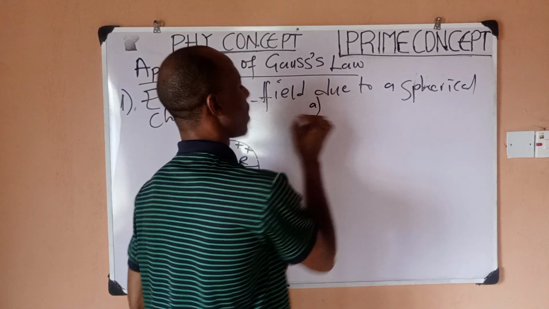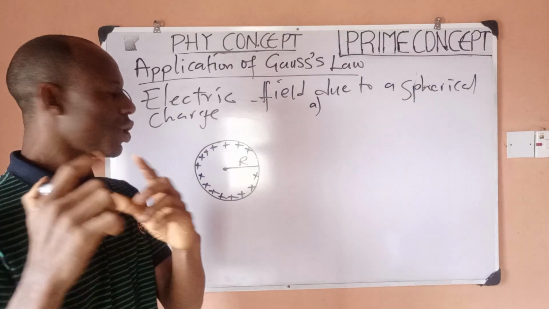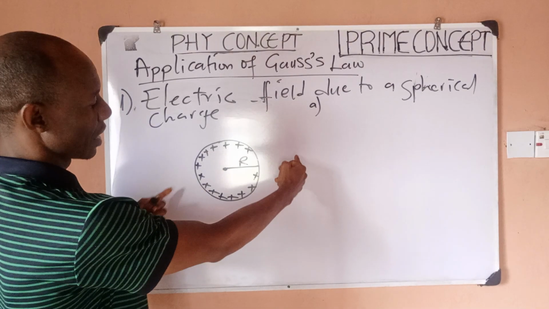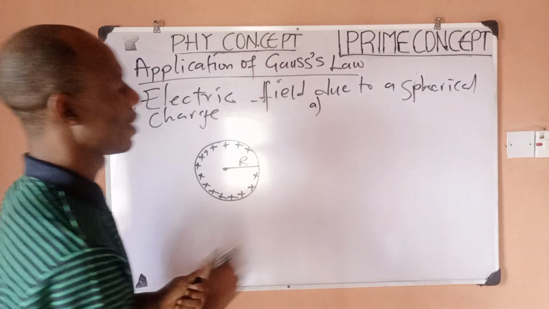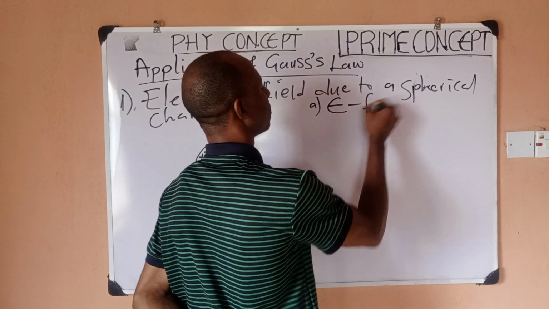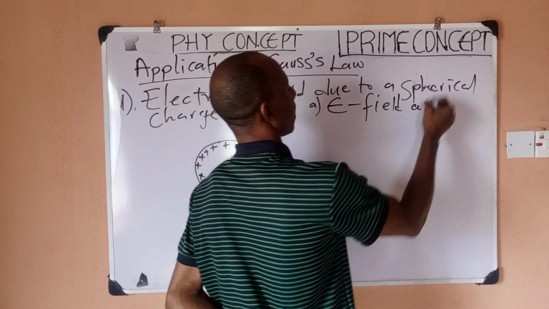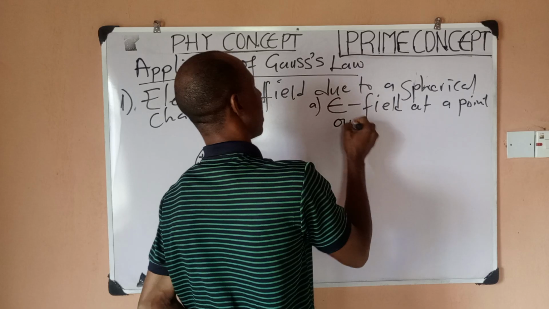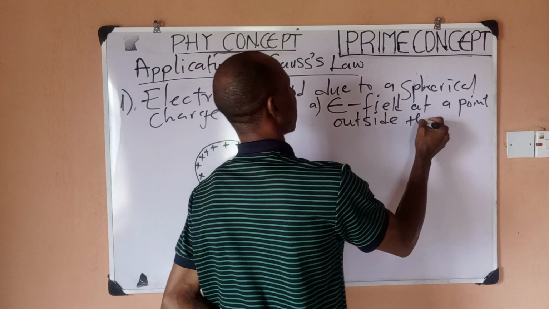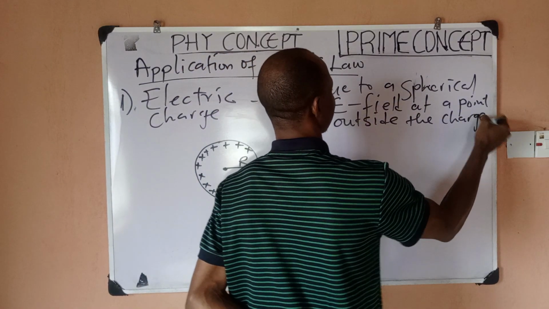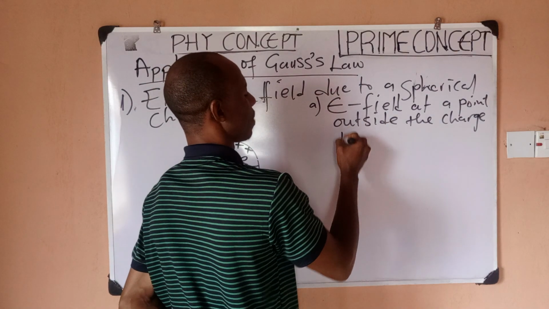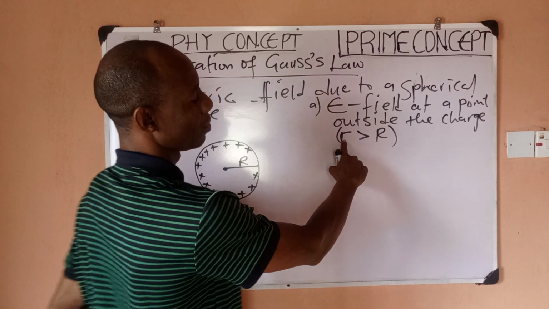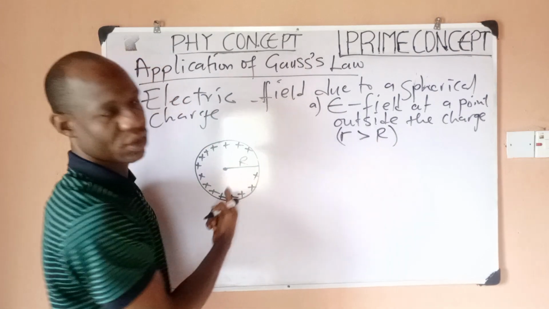The first condition we are going to look at is what would be the electric field at a point outside the spherical charge. So I'm going to write E field at a point outside the charge. So that is to say the distance we are considering is r, which is greater than the radius of the sphere.